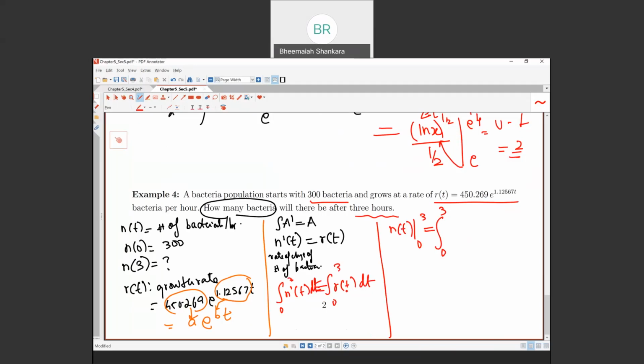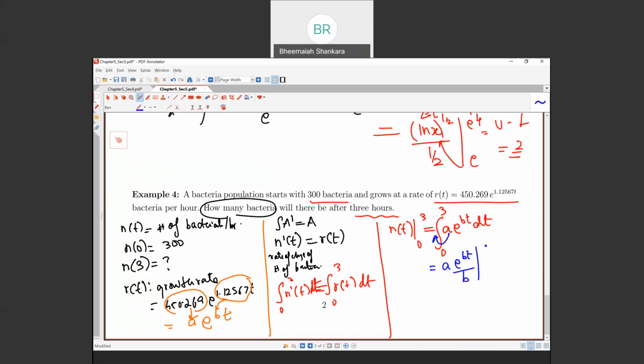For r, the growth rate term, we have an expression given: a e to the bt. We rewrote the messy terms as a and b, dt. So let's integrate the right hand side. A is a constant, so it goes out. The integral of an exponential is the same, divided by the exponent b.